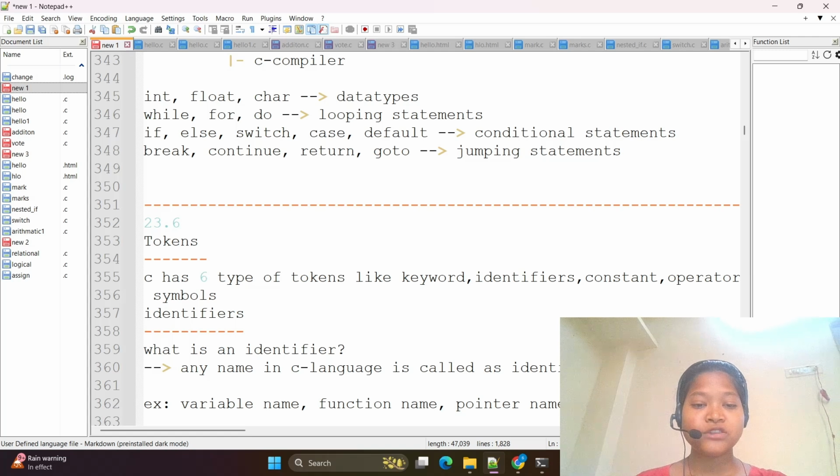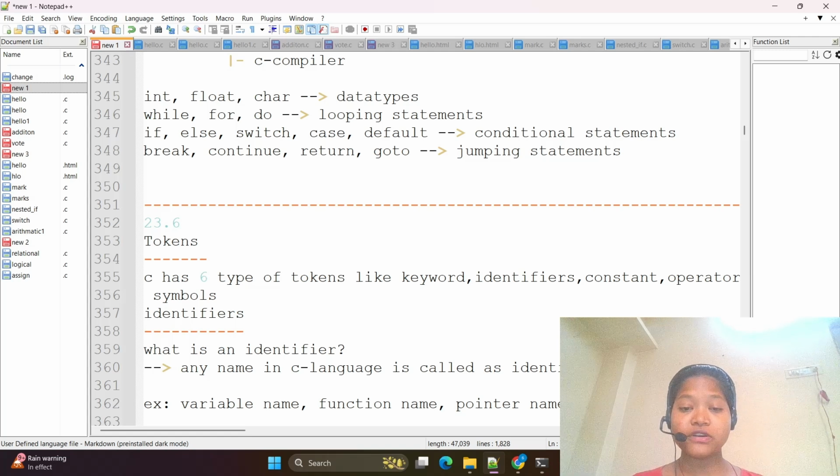See, token means a whole program will be divided into very small parts. Each part is called a token. C has six types of tokens like keywords, identifiers, constants, operators, symbols.